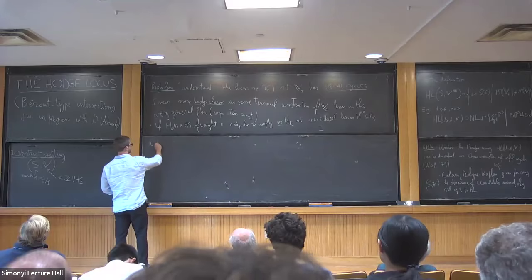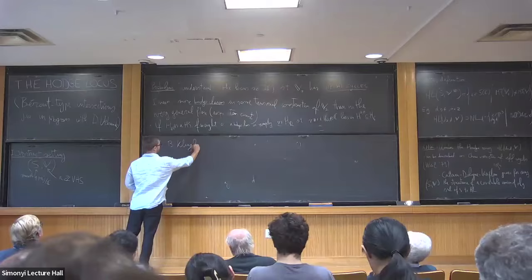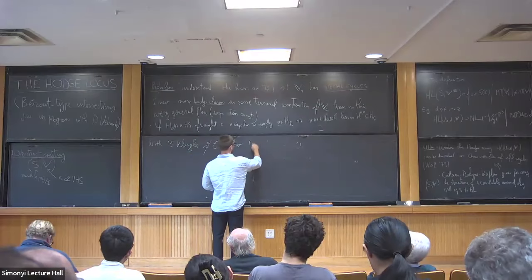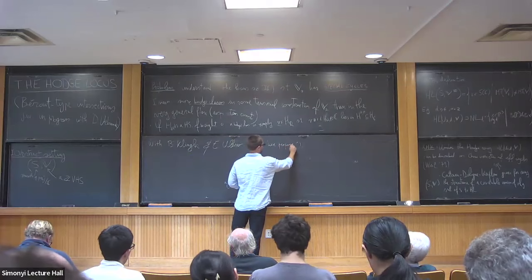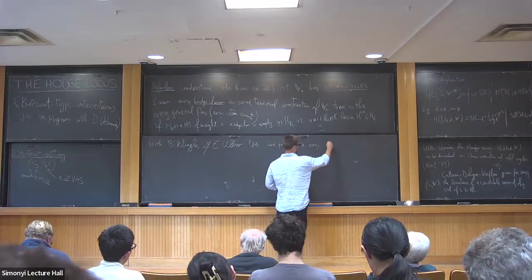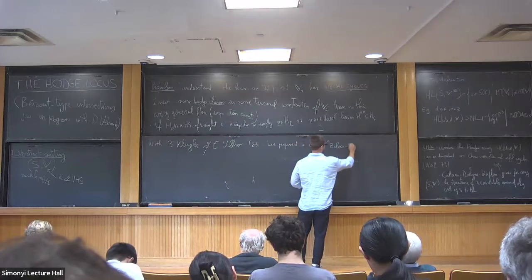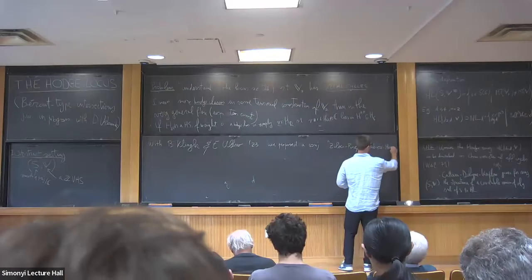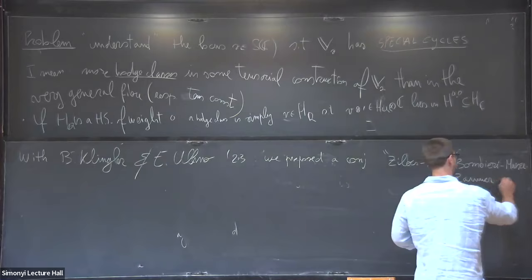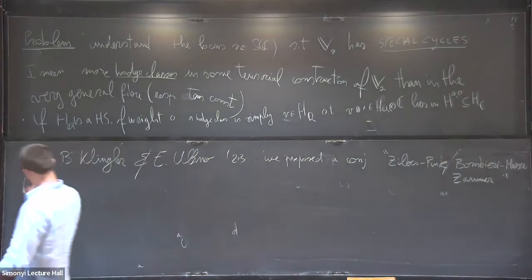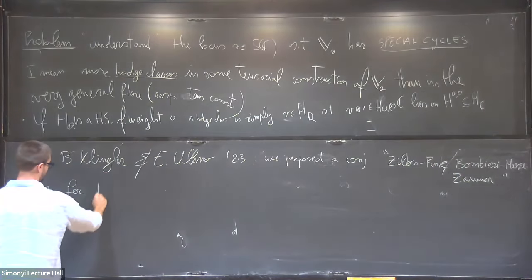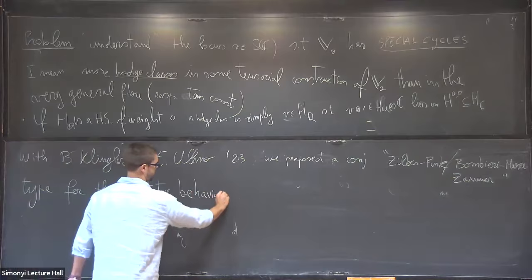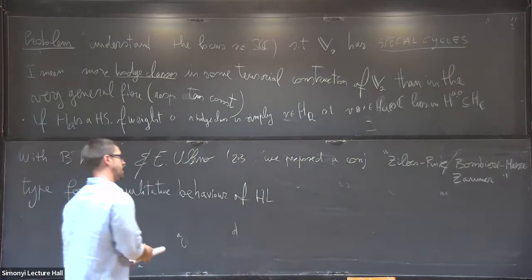With Bruno Klingler and Emmanuel Ullmo, in 23, we proposed a conjecture, let's say, of Zilber-Pink or Bombieri-Masser-Zannier type, for the qualitative behavior of the Hodge locus. And then we'll explain what it means in a moment.